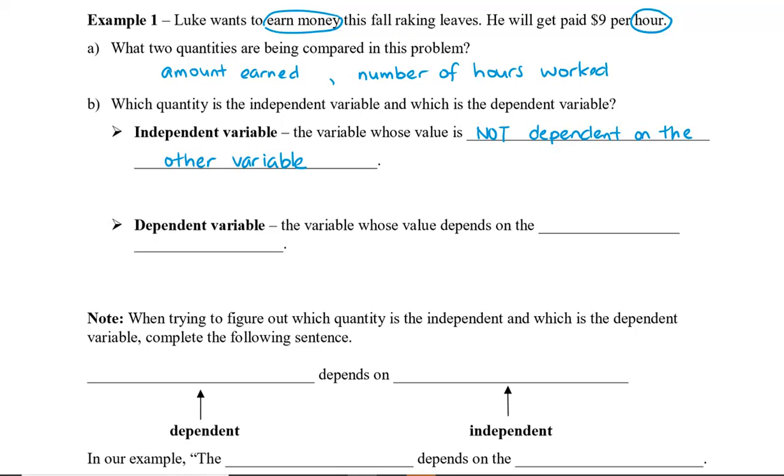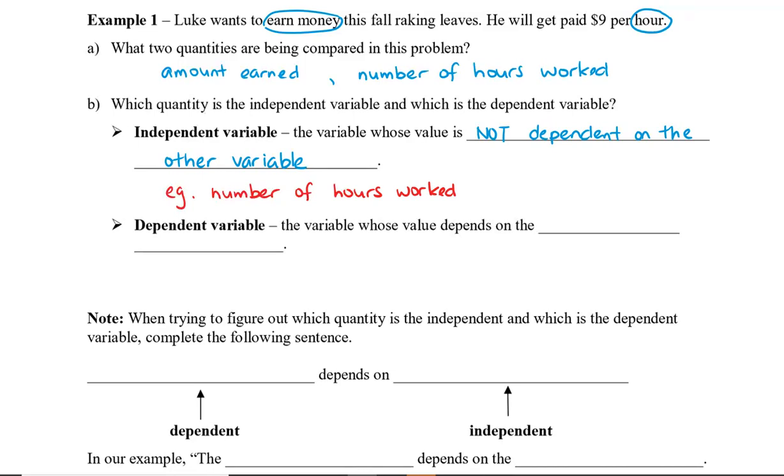So in our case, in our example, that would be the number of hours worked. So the number of hours worked does not depend on the amount that he earns.